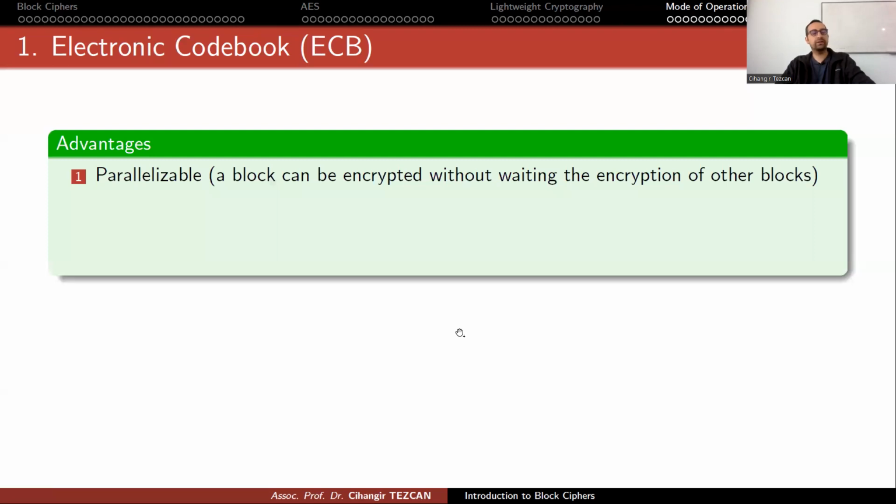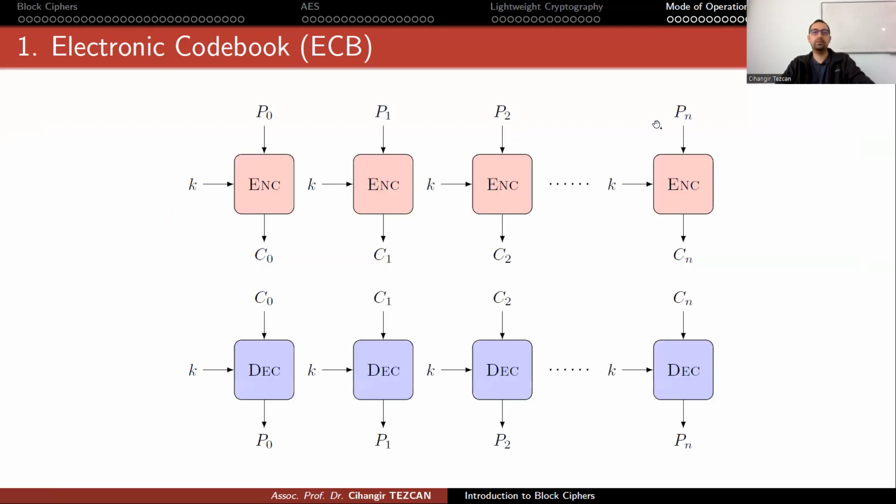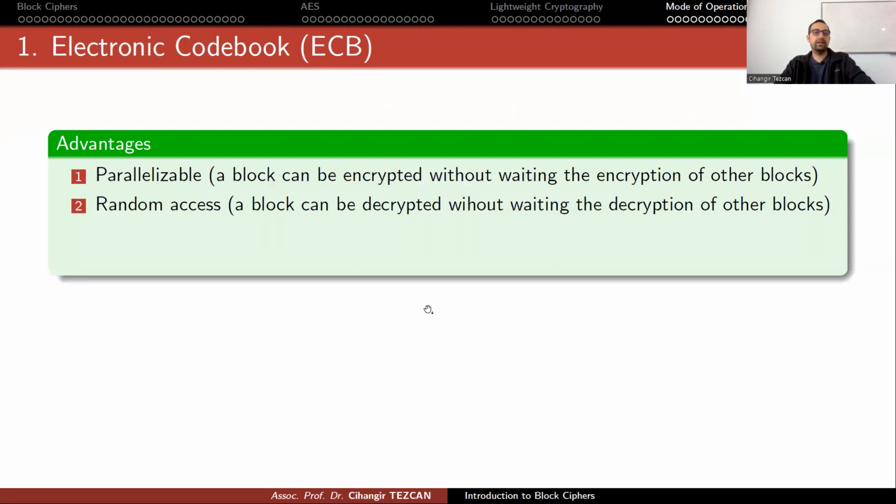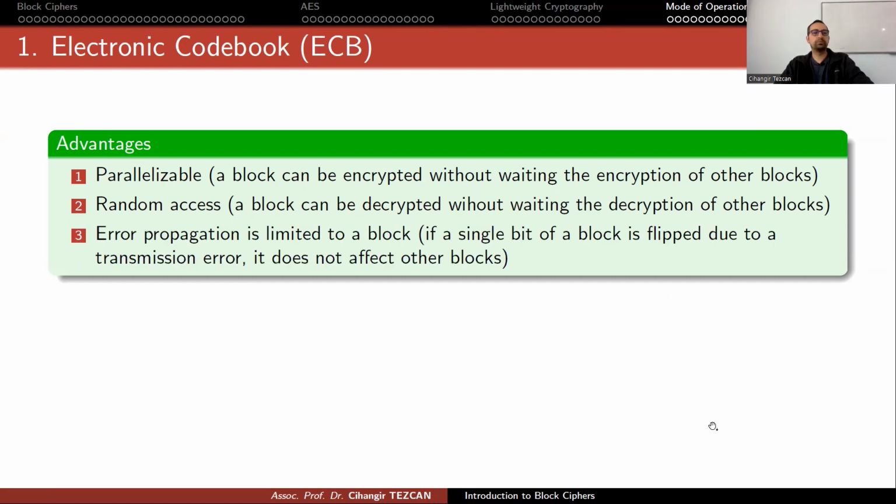It has a lot of advantages, like parallelizability, because if you want to encrypt Pn, you don't need to wait for the other blocks to be encrypted, right? You can simply do it. So if you have N+1 cores, you can encrypt all of them in a single trial. So it's a good thing. Random access: a block can be decrypted without waiting for the decryption of other blocks. Error propagation is limited to a block.